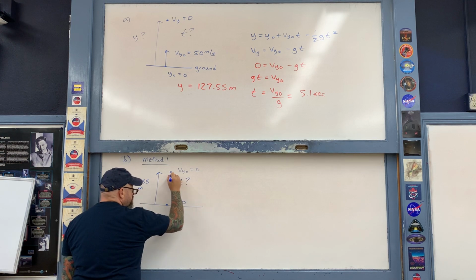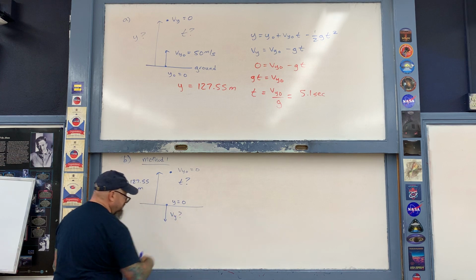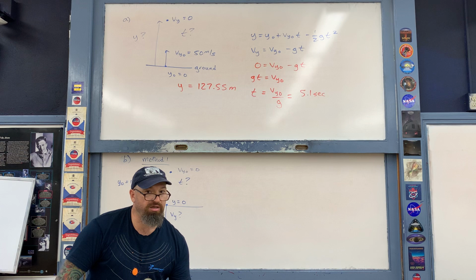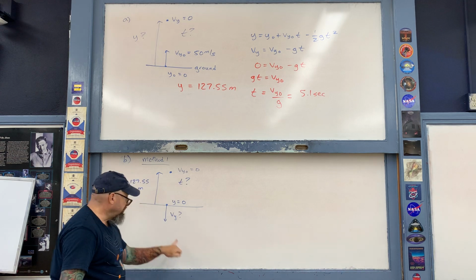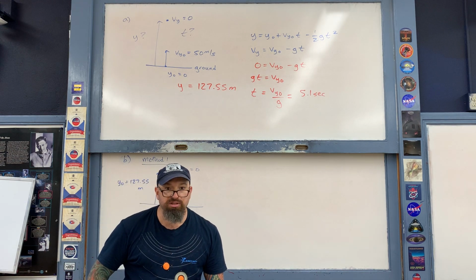This takes place in an unknown amount of time t, and then right here is the unknown final velocity v sub y. Before I calculate out these values, can you tell me ahead of time what the time necessary to fall down to the ground is going to be? Can you tell me what the final velocity v sub y is? Think in terms of symmetry.